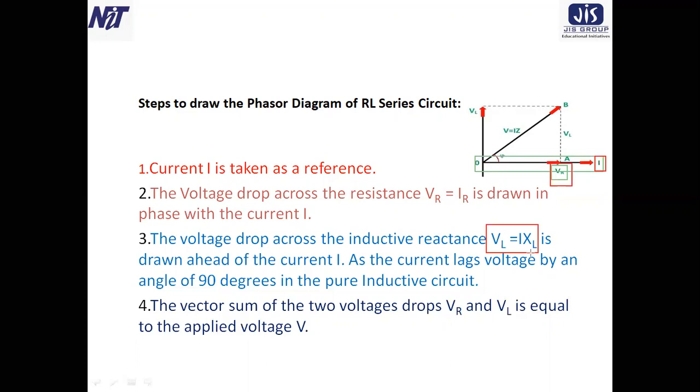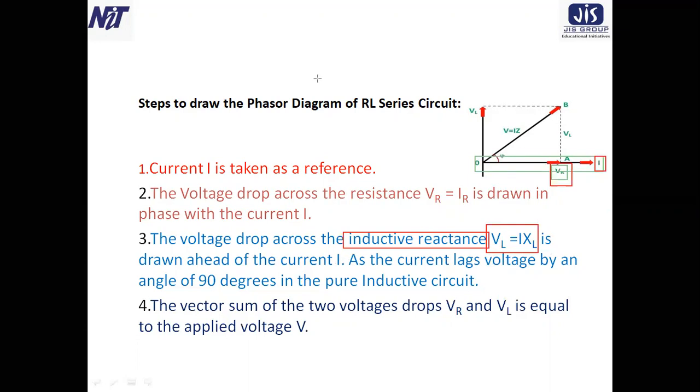So I XL is the inductive reactance. This is the voltage drop across the inductor, and that voltage drop across the inductor is called inductive reactance. This VL equals I XL is drawn ahead of the current I. Why is it drawn ahead of the current I?